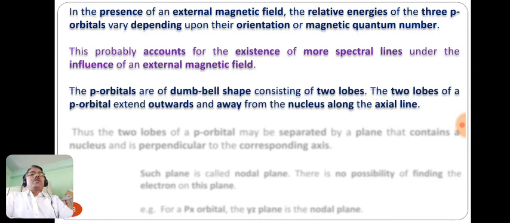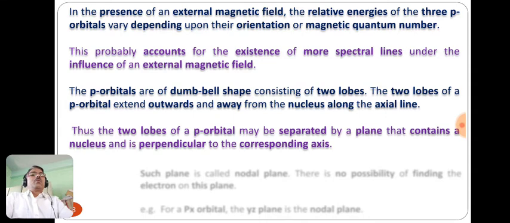The p orbitals are dumbbell shaped, meaning they consist of two lobes, and these two lobes extend outwards away from the nucleus along the axial line. Thus, the two lobes of a p orbital may be separated by a plane that contains the nucleus, and this plane is perpendicular to the corresponding axis.